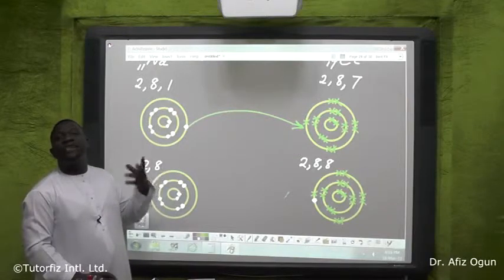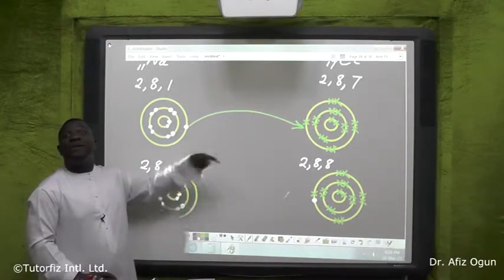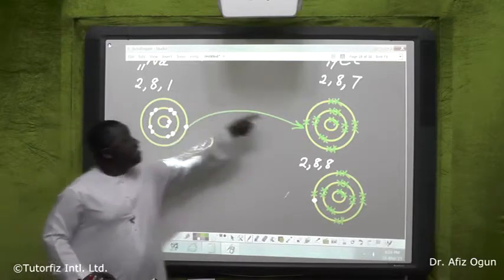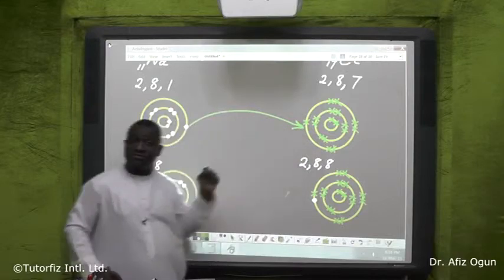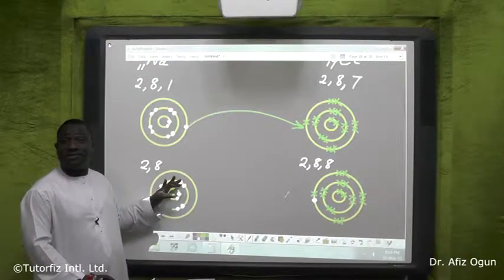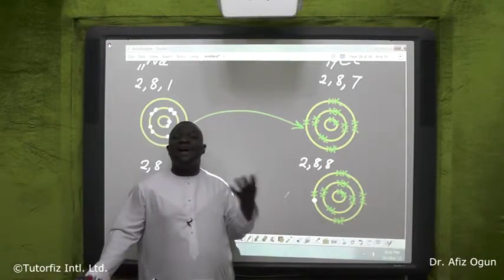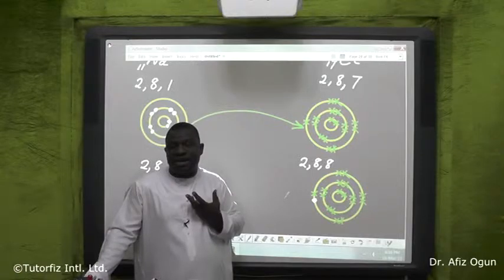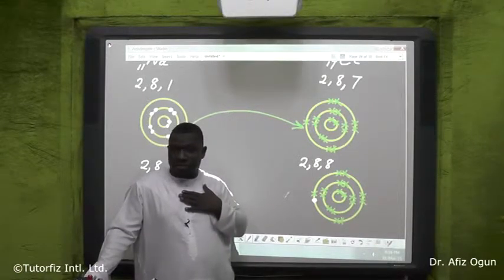But it does not just end there. When a boy marries a girl, he becomes a man because he has paid the dues. He transferred the electron to the chlorine, so he becomes a man. And the chlorine atom, having agreed to accept the electron, has become a woman.